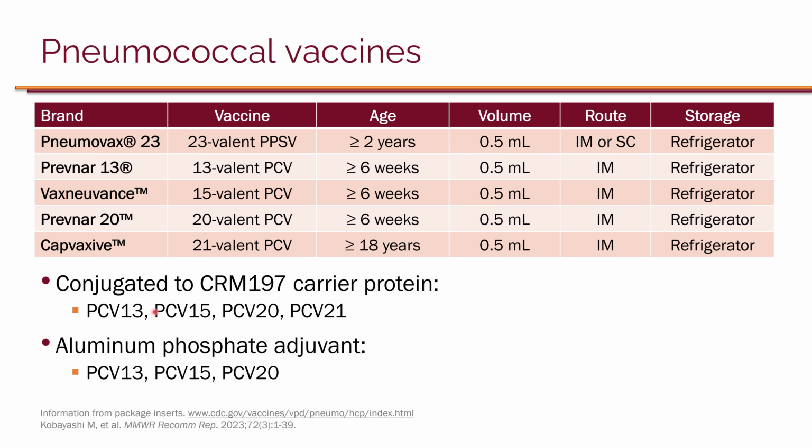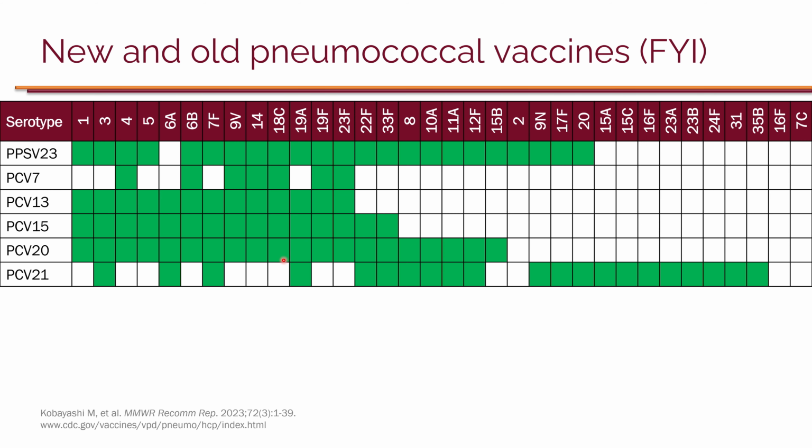But also another thing to keep in mind that PCV 13, 15, and 20 also have aluminum in them as an adjuvant to further enhance immunogenicity. The latest one that has come to the market, PCV 21, does not have this adjuvant. So that's something to keep in mind, and I'll mention that shortly.